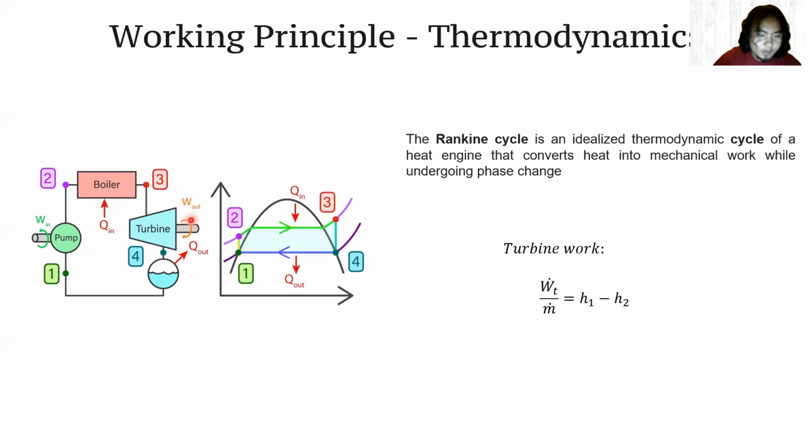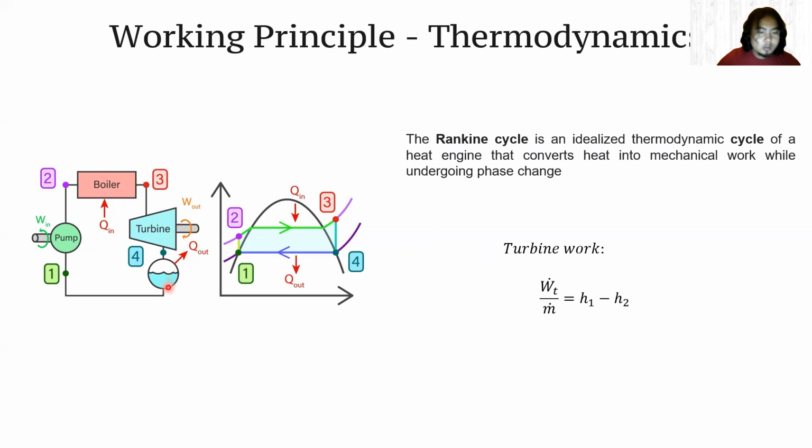After the steam passes through the turbine, it goes to the condenser, in which the steam is converted into liquid again and heat is rejected.